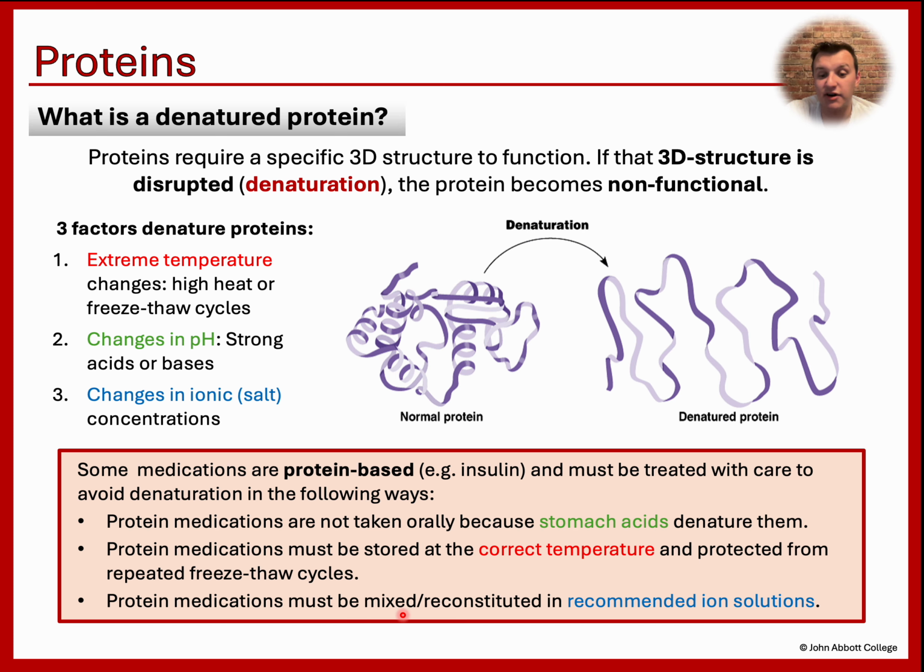Protein medications must be mixed and reconstituted with the proper recommended ion solutions to keep them in the right salt concentration, because if not, they will denature, right? So when it says to put it in this much saline, we need to make sure we follow that protocol and not mess up our concentrations.